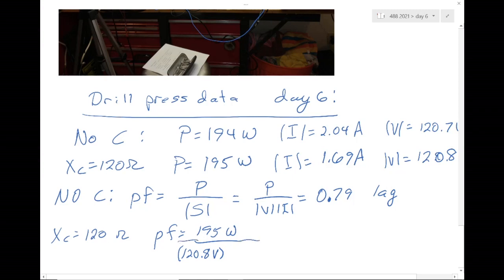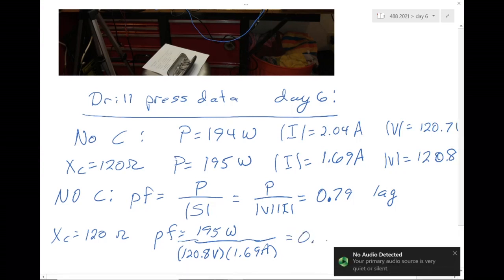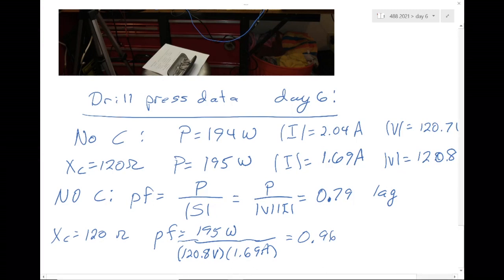How about the current? 1.69 amps. Is that different from 2.04? Yes, definitely. We had a significant decrease in the current, so that one we know is there, and that changes the power factor to 0.96. A significant improvement. Is it lagging or leading?